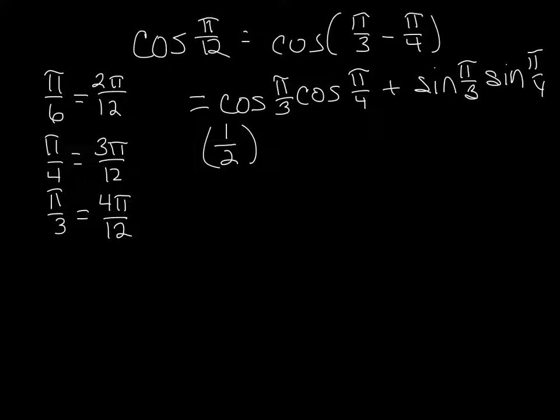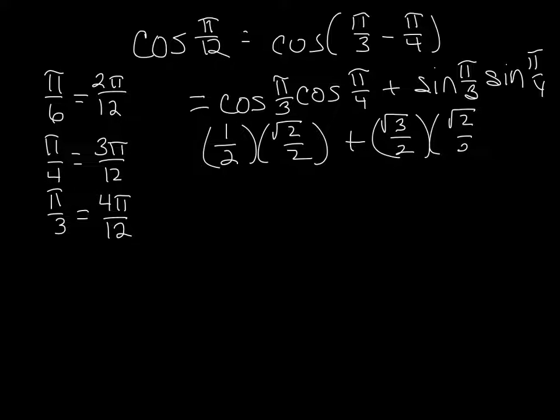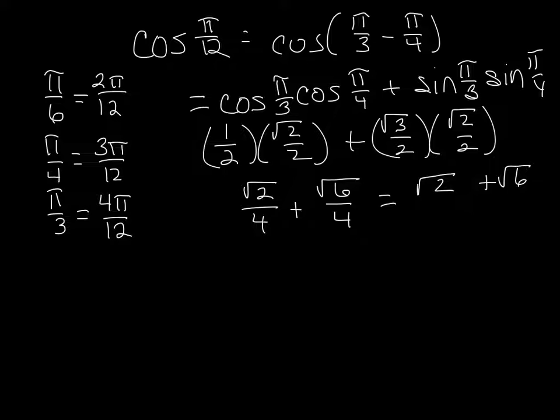The cosine of pi over 4 is the square root of 2 over 2. Plus the sine of pi over 3 is the square root of 3 over 2. And the sine of pi over 4 is the square root of 2 over 2. So if we multiply, we get square root of 2 over 4 plus the square root of 6 over 4, and we have a common denominator. You could leave it like that, or you could write it as the square root of 2 plus the square root of 6 over 4.